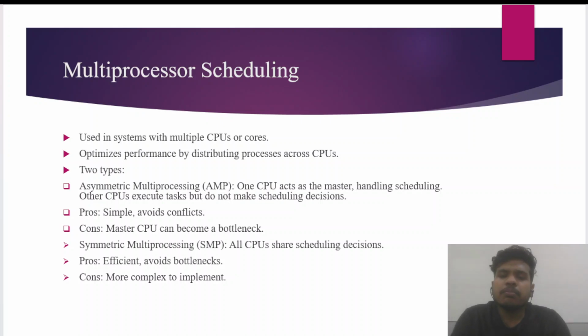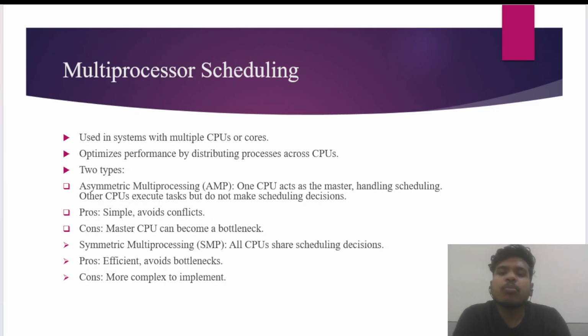The first one is asymmetric multiprocessing. It means that one CPU acts as the master and handles scheduling. The other CPUs execute tasks but do not make any scheduling decisions.